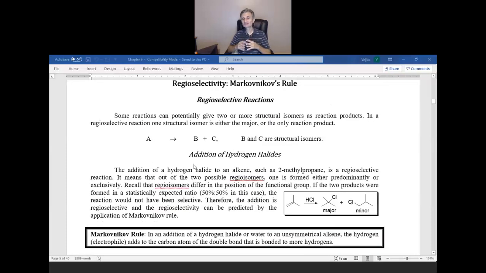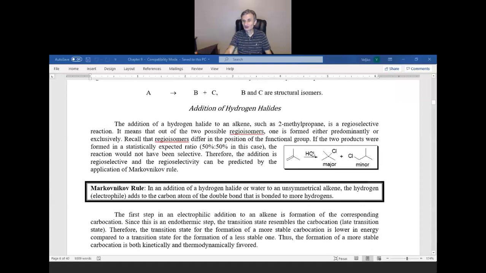We have just examined regioselectivity in chapter 7, regioselectivity of substitution of alkanes with halogens. In the case of an addition reaction across a double bond, there is also regioselectivity. In this case, regioselectivity has to do with addition of a hydrogen halide, HCl, HBr, HI, across a double bond.